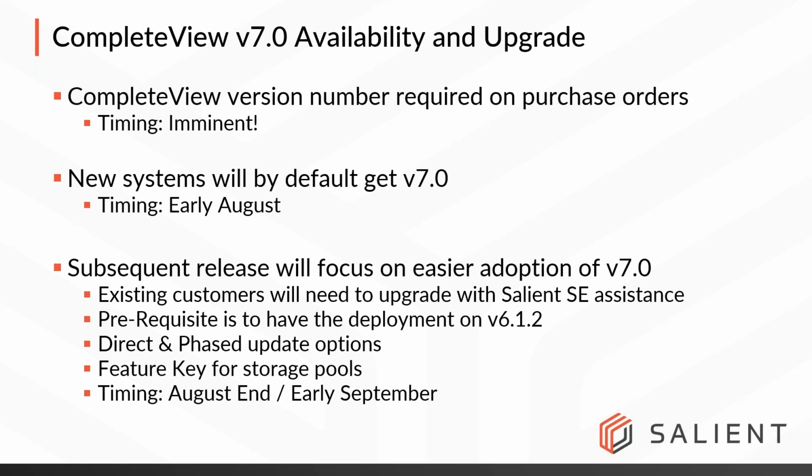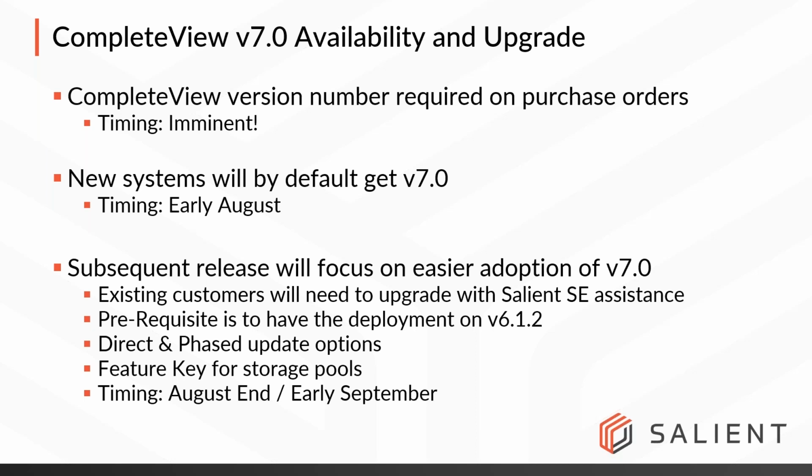And so we're going to have a process for making this a little bit more clear on our purchase orders. Now, the great news is if you don't have an existing system and don't need to worry about transitioning from your volume-based recordings to this new storage pool concept, you can more easily and quickly adopt version 7.0. And so new systems, by default, will start getting version 7.0 sometime in early August.